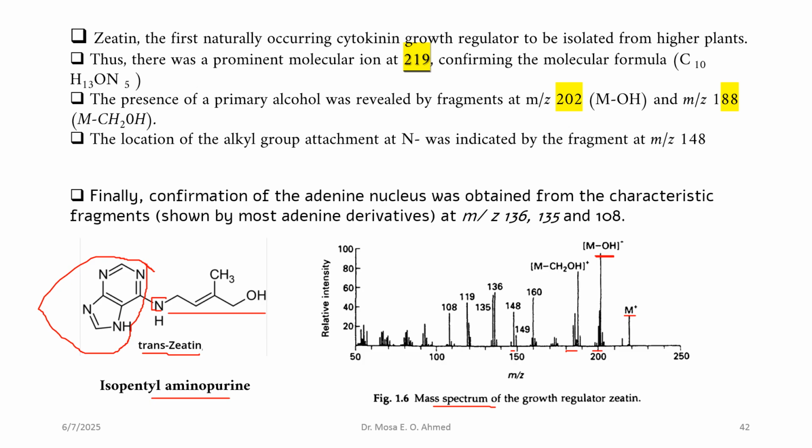Finally, the confirmation of the adenine nucleus is obtained from characteristic fragments shown by most adenine derivatives at 136, 135, and 108. In this position, 135, 136, and 108. These are assigned to the adenine nucleus, or the heterocyclic ring of the compound.